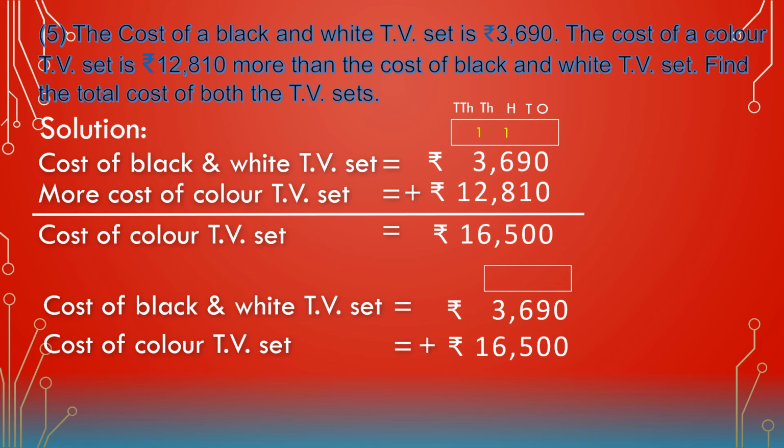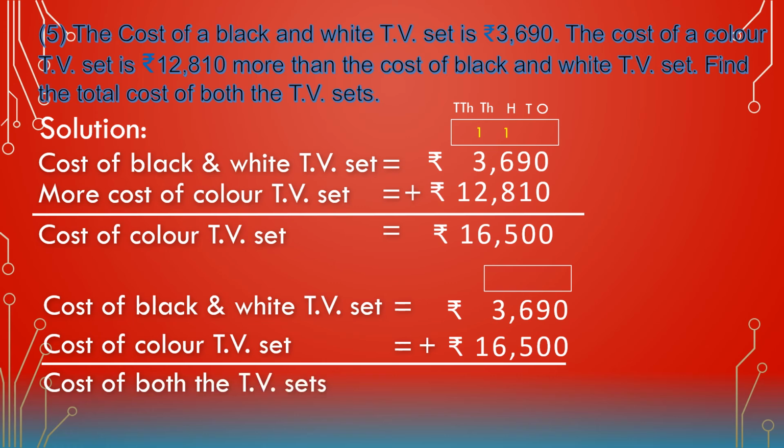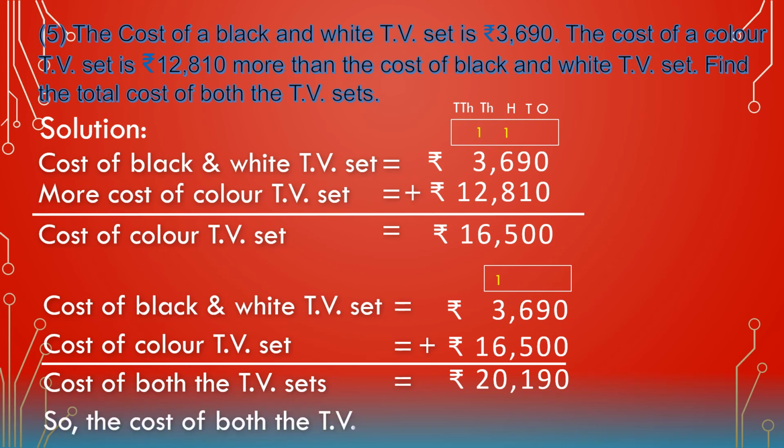Then write the plus symbol and draw a line so our answer can go below it. Then write cost of both the TV sets is equal to, pause the video and do the addition on your own and check. The answer is rupees 20,190 and the last statement is the cost of both the TV sets is rupees 20,190.